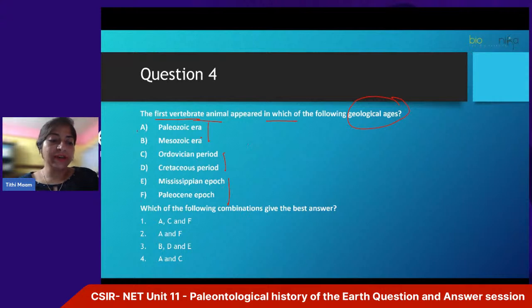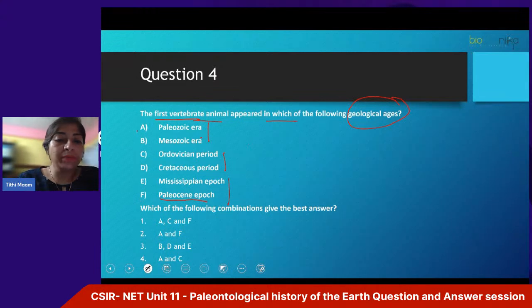Yes. Fine. Okay. So the first vertebrate animal appeared in which of the following geological ages? First of all, how can you do the correlation? Paleocene epoch or Mississippian epoch. Mississippian epoch is part of the Carboniferous period. Paleocene epoch is in the Cenozoic era, the most recent era.